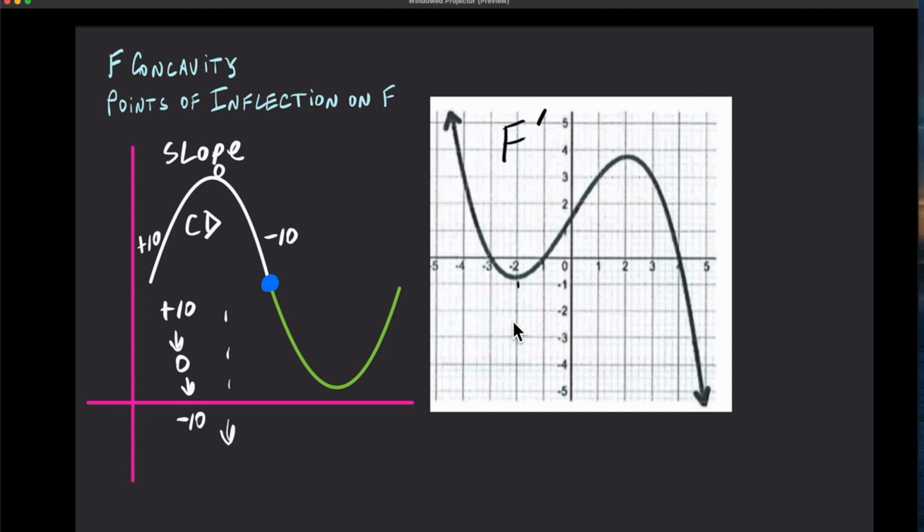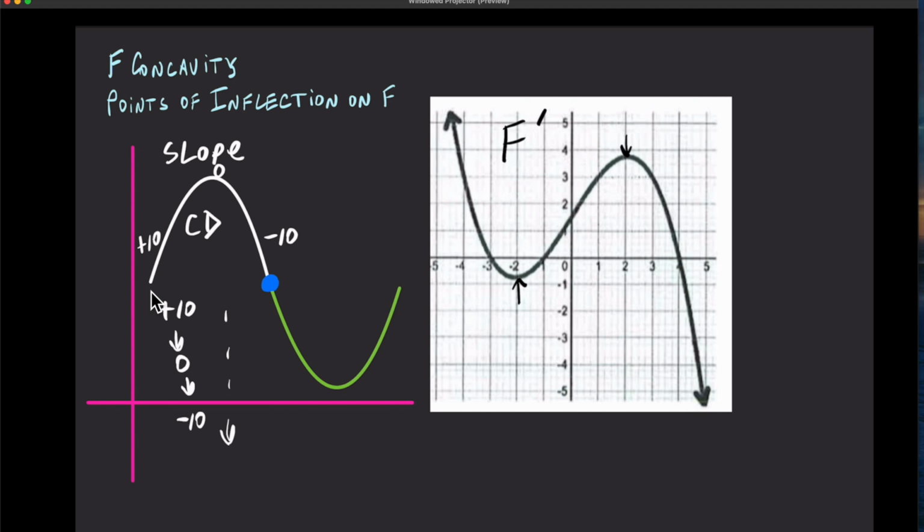So that would mean in this particular graph, we have decreasing f prime from negative infinity to negative 2, and we have decreasing f prime from positive 2 to x equals positive infinity. Any decreasing portion on f prime, anywhere the y value on f prime is decreasing, is going to be indicative of the slope decreasing on f.